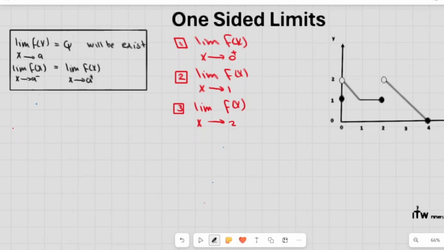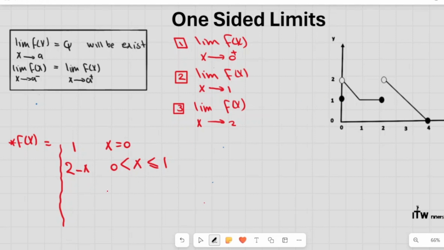So f of x here will be equal to 1 when x equal to 0. So here we have 1, and here x equal to 0. Here f of x equal to 2 minus x, and here x from 0 to 1.